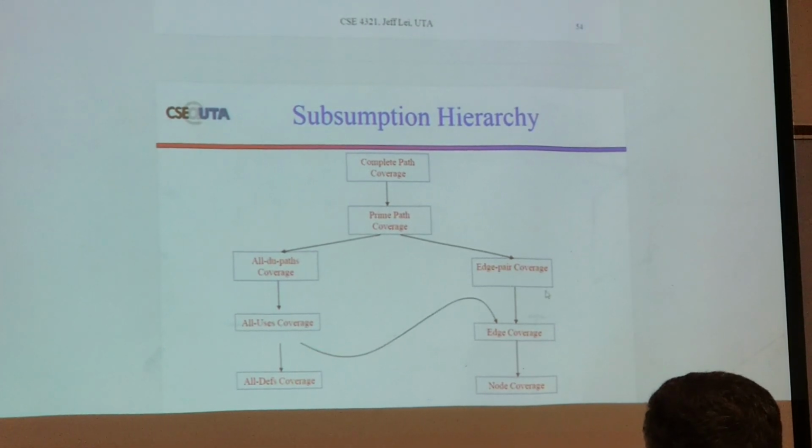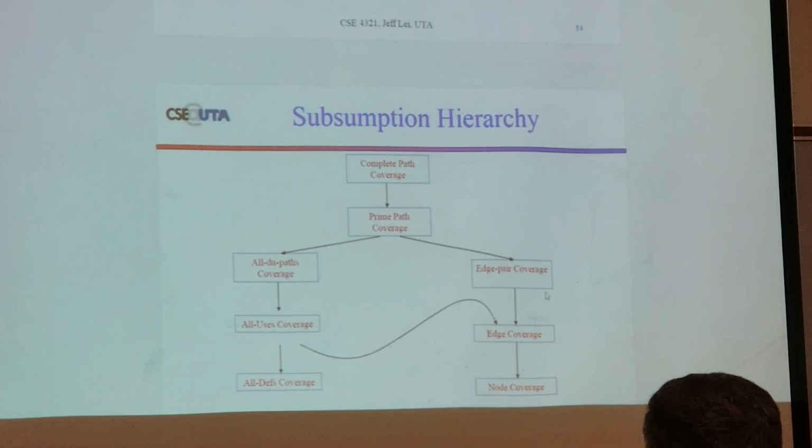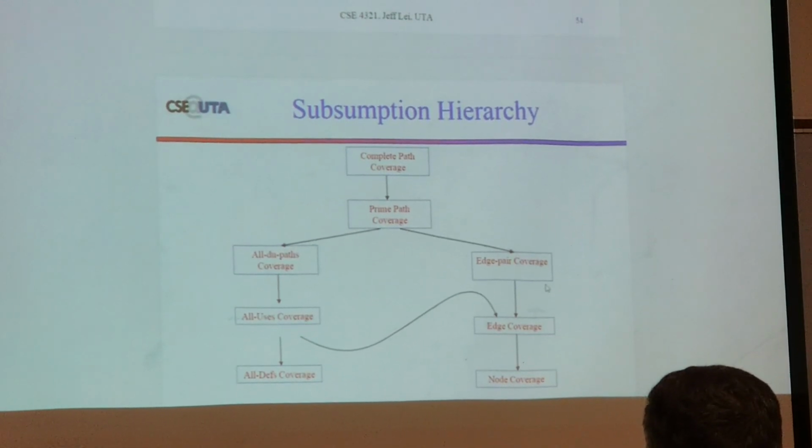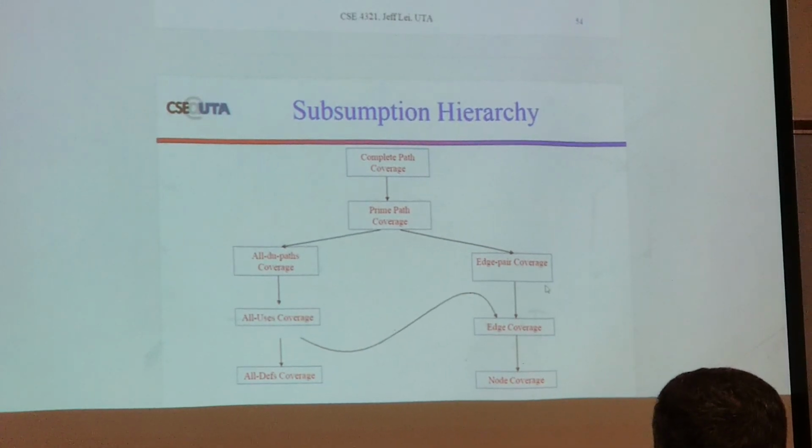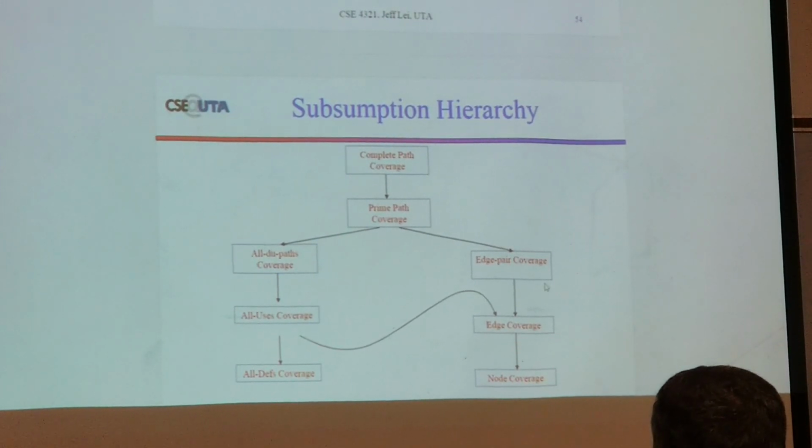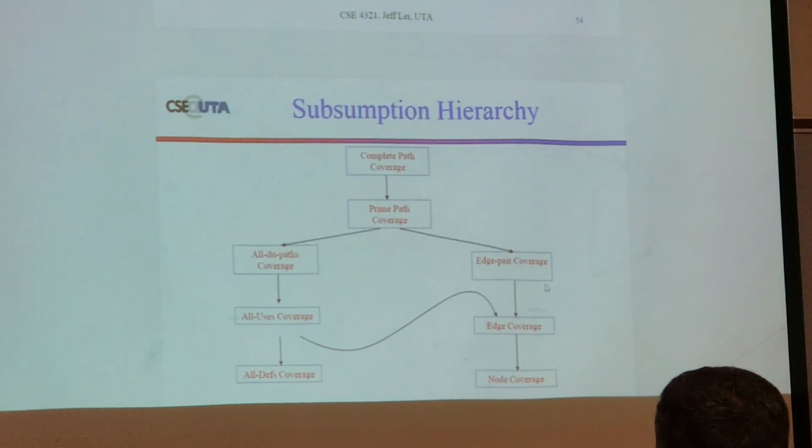Actually, if you look at the second edition, the new edition of the textbook, it actually goes one step further. They say data flow testing is not really used in practice, at least based on their experience, based on their conversations with people in the industry.